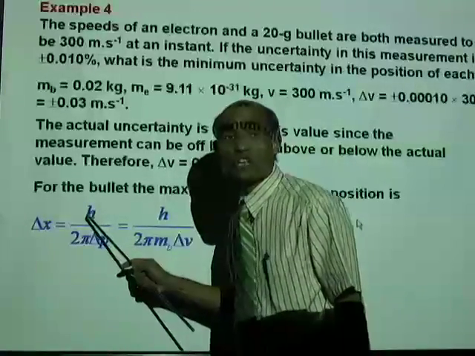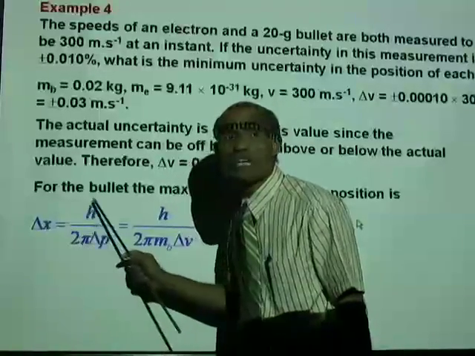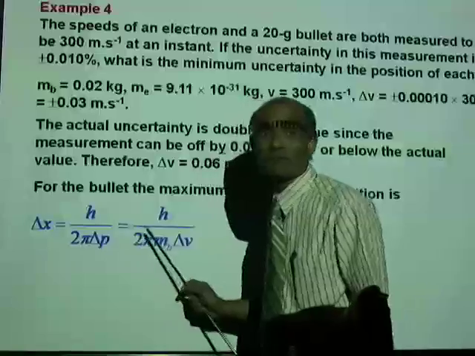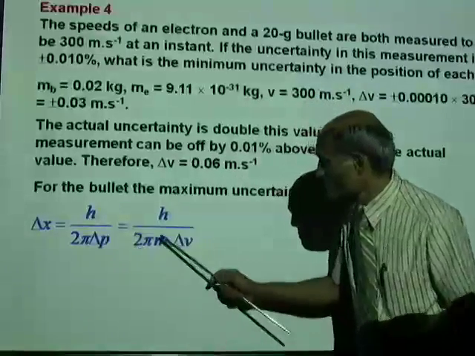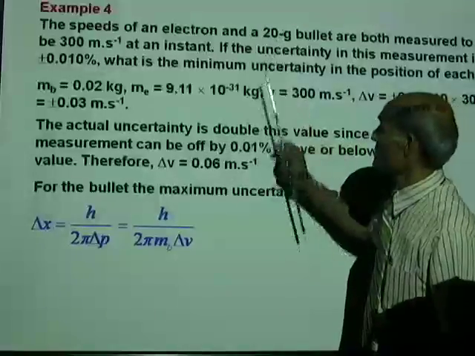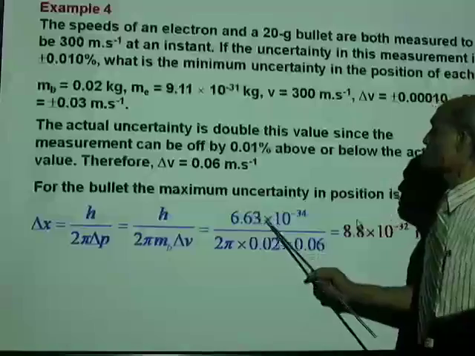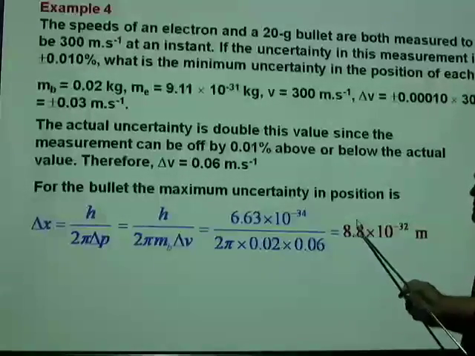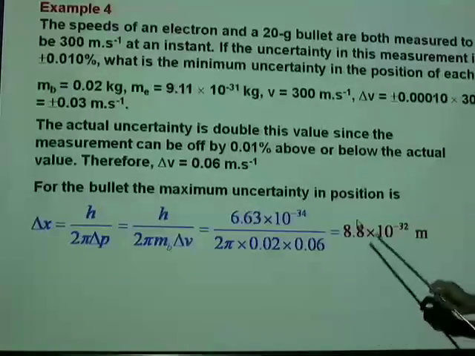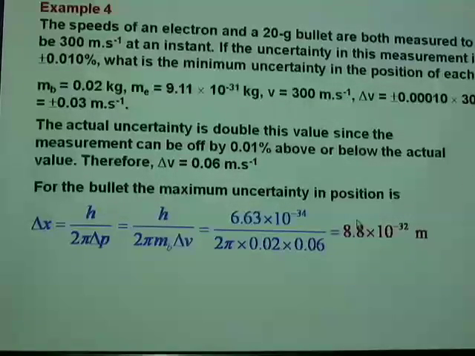Now, when the uncertainty is minimum, delta x multiplied by delta p equals h over 2 pi. All we now need to do is replace these values. We know the mass of the bullet, we know delta v, which we just calculated, and we know h, and that gives you the uncertainty in measuring the position of the bullet as 8.8 times 10 to the negative 32 meter.